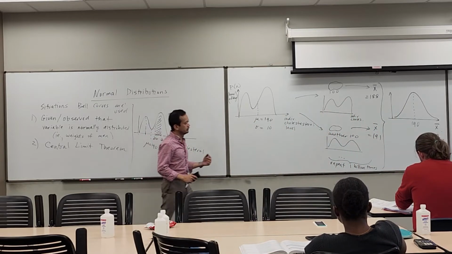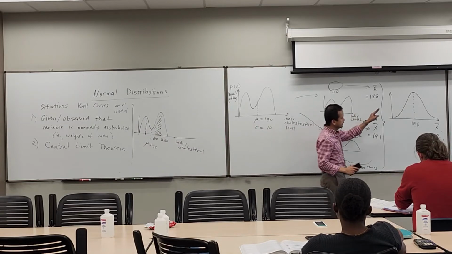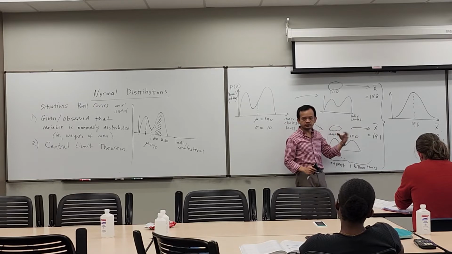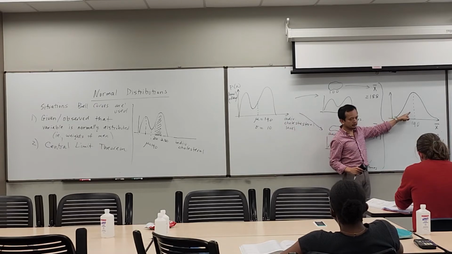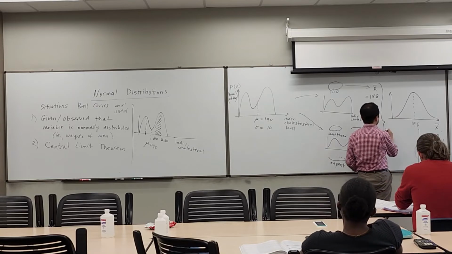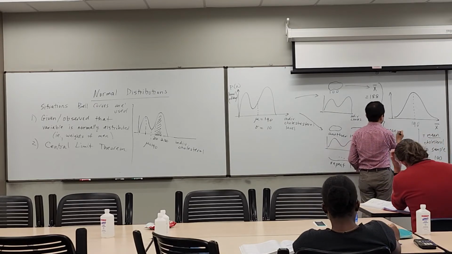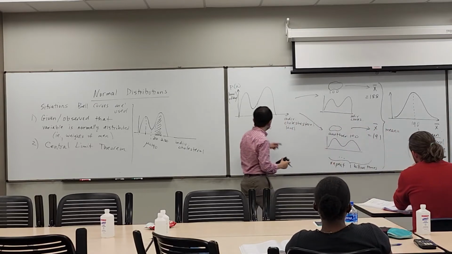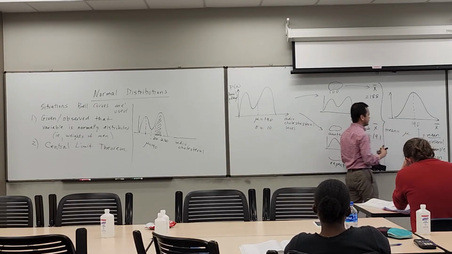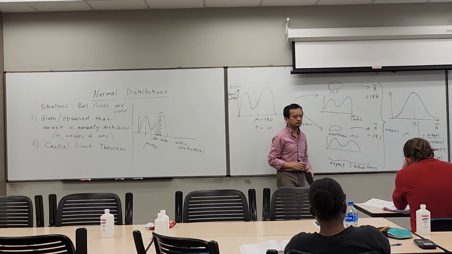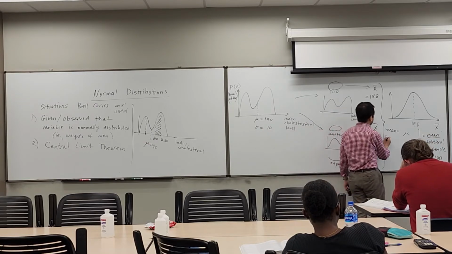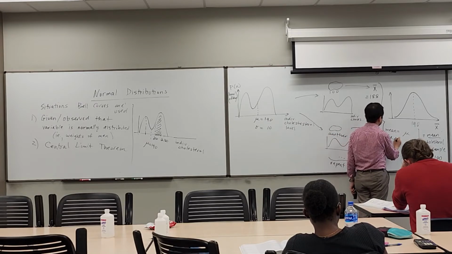And not only do we know that this resulting distribution of sample means is a bell curve, but we know the mean and standard deviation for this bell curve. It turns out that the mean of this bell curve will end up equaling the original population mean, in this case 190, and then the standard deviation of the bell curve.